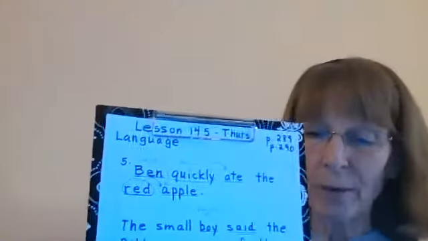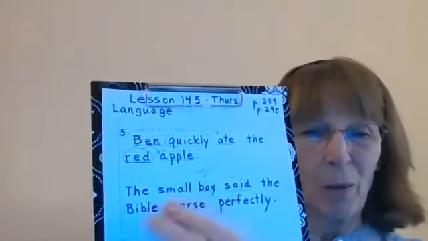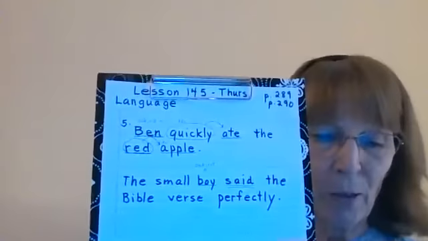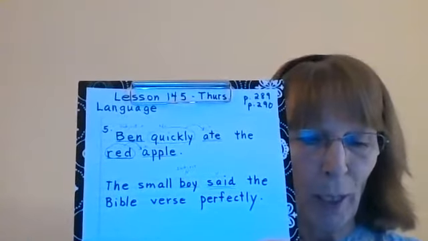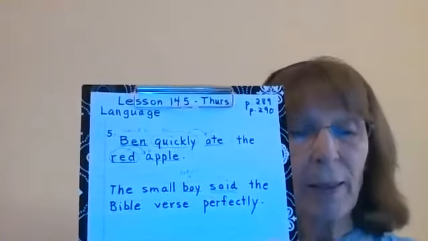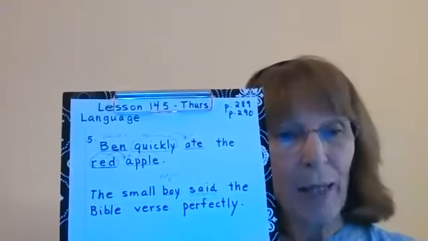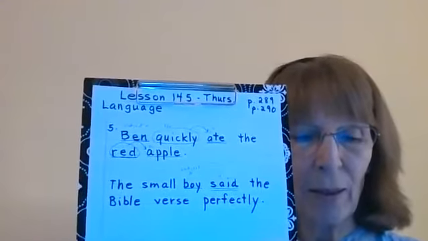So far, so good. I see a word here. What would that be? It goes with, not the verb, it goes with boy. What kind of boy? A small boy. When it answers the question, what kind, it means it goes with the noun. So we need to circle small.